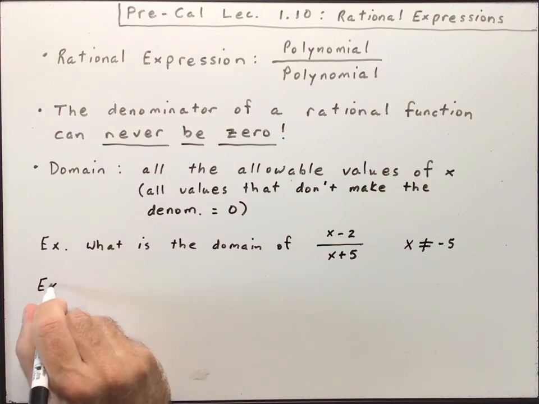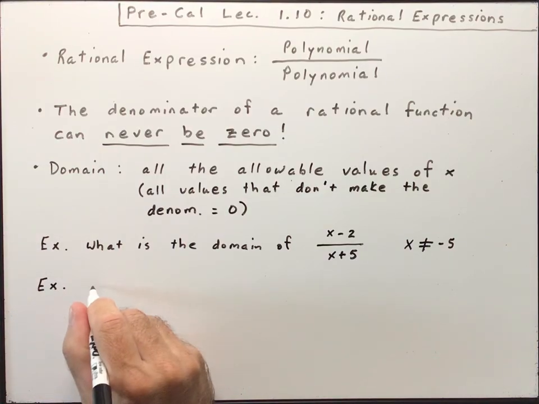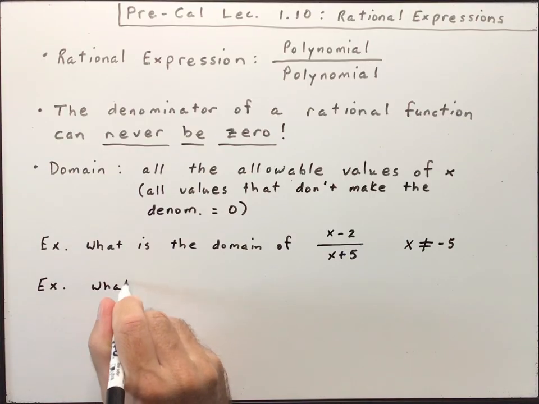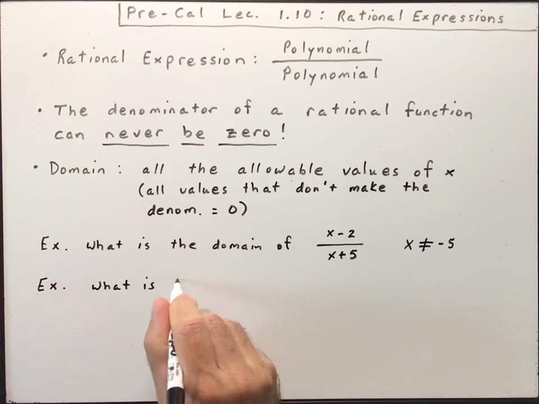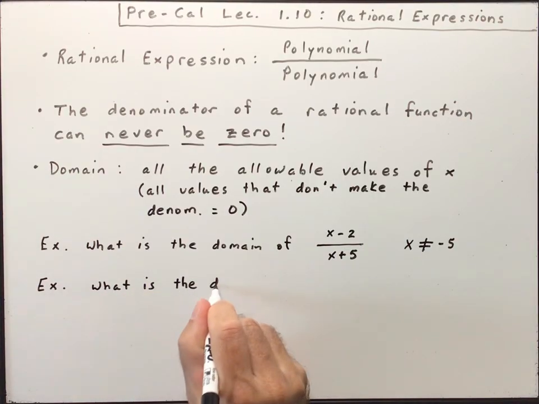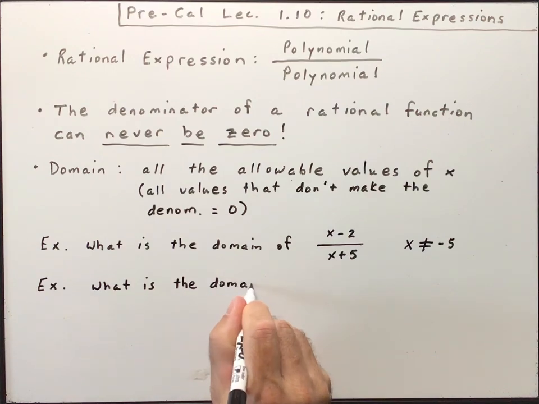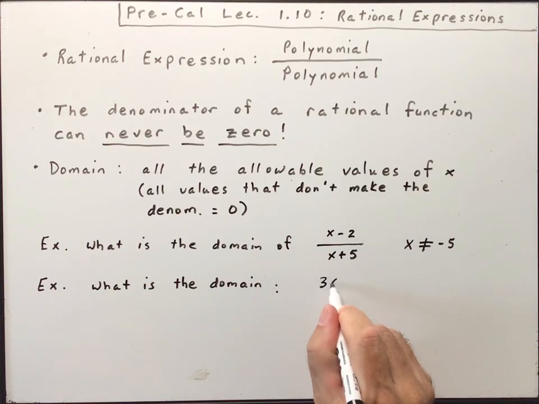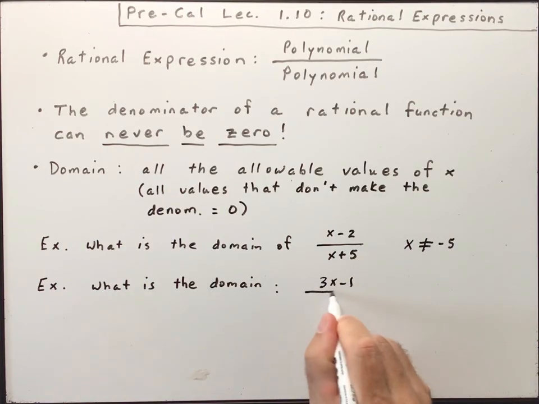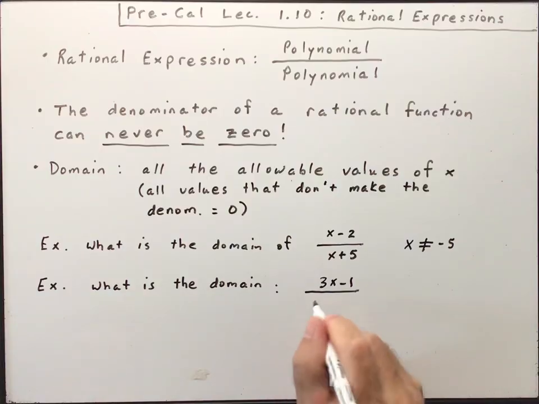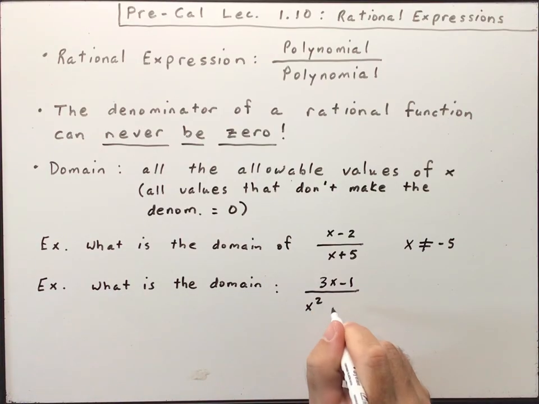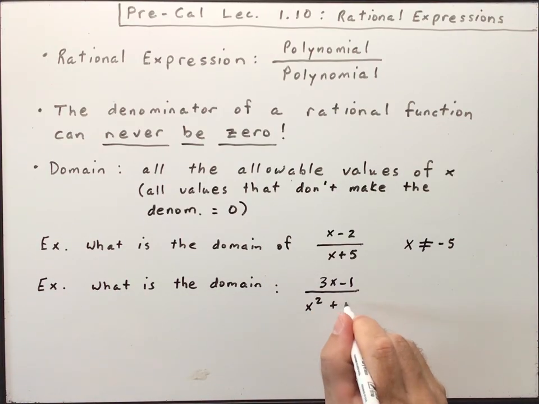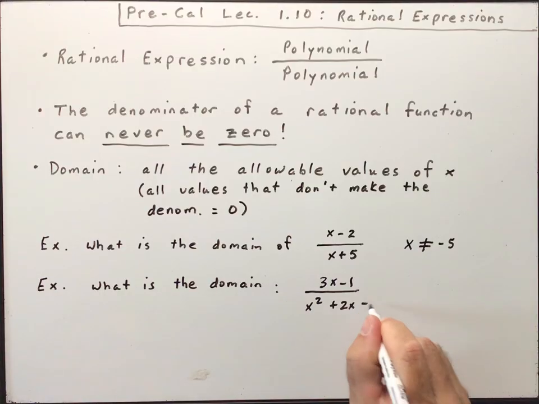Let's do another example. So what is the domain of 3x minus 1 over x squared plus 2x minus 3.